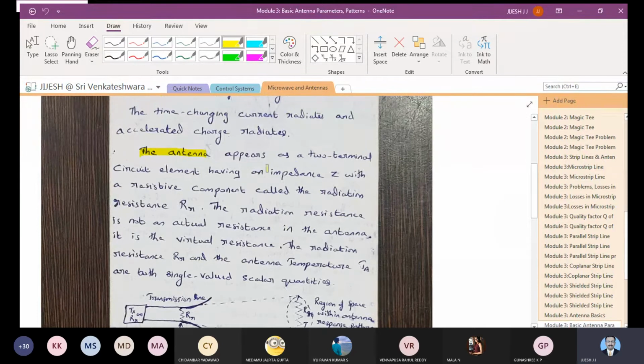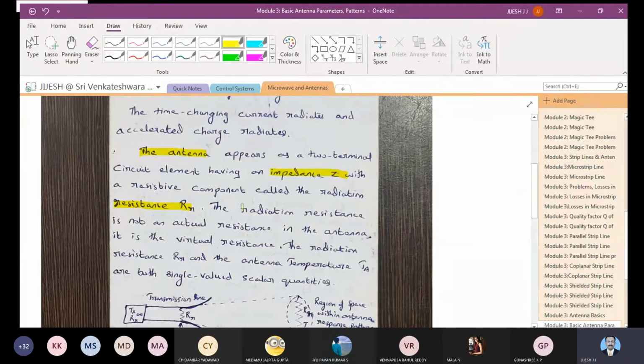Some radiation resistance gets established there, and because of it some heat is generated, which leads to losses. The radiation resistance is not an actual resistance. You may not think that a real resistance is available. It is artificial, or it has the impact of a resistance.